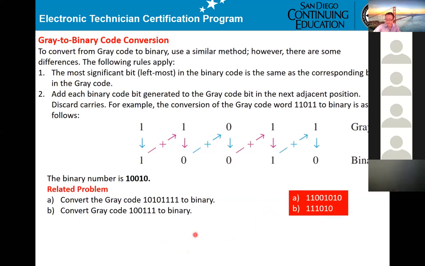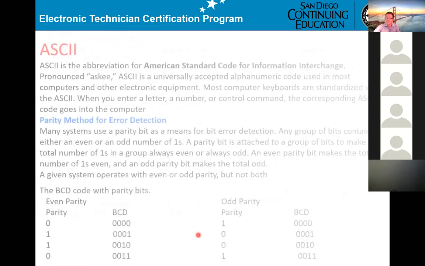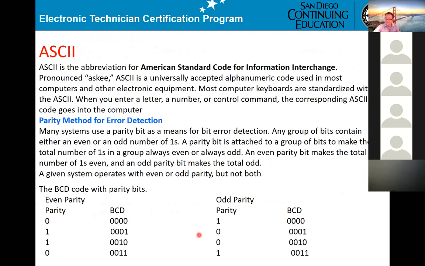Okay. Go. ASCII code, we don't care about that. If you want to see the table for the American Standard Code for Information Interchange, go to Google, typing ASCII. They can tell you the keyboard. They assign the letter A how many bits and what the bits equal.